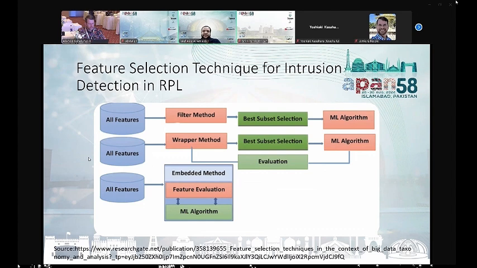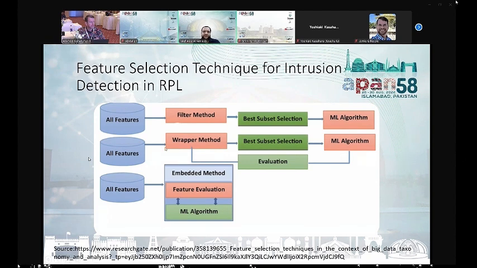So these techniques can be classified into 3 main types, which are called the filter method, wrapper method, and embedded method. So basically, the filter method tries to rank a group of features or make the evaluation based on a mathematical expression. For example, some of the most important algorithms of this type are information gain, mutual information, and the entropy algorithm, and then the set of features is evaluated using a machine learning algorithm.